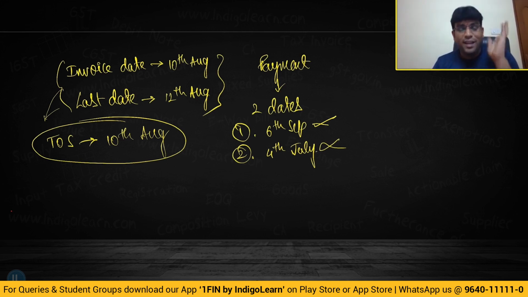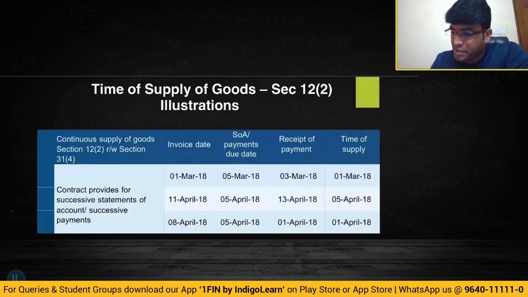Because the only thing relevant for us is invoice date. Whether payment comes before invoice or after invoice is irrelevant for us. The only thing relevant is date of invoice, which is actual date or last date, whichever is earlier. That's it. I hope we are clear. That's all. Next. Moving forward, friends.